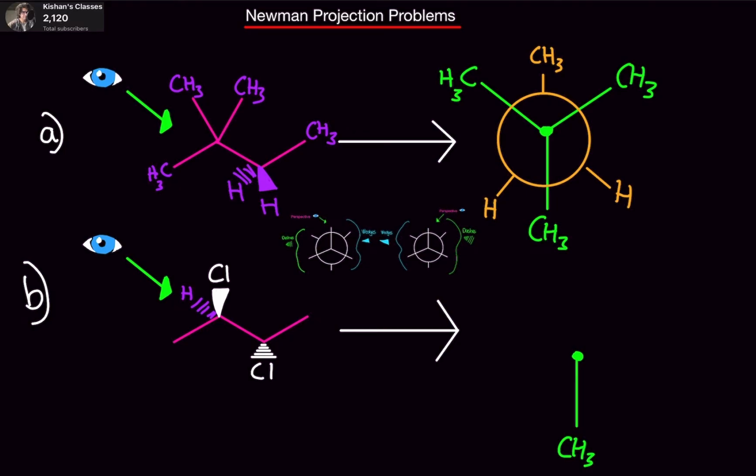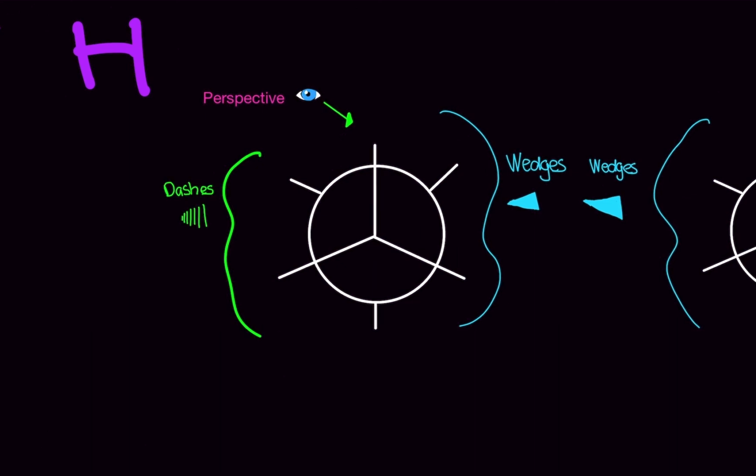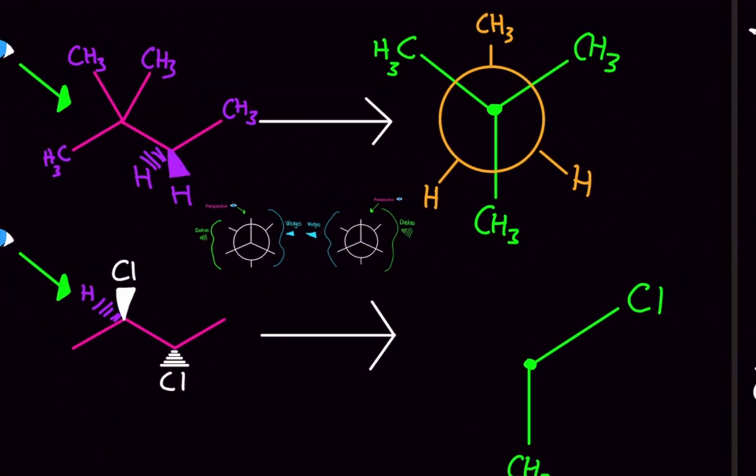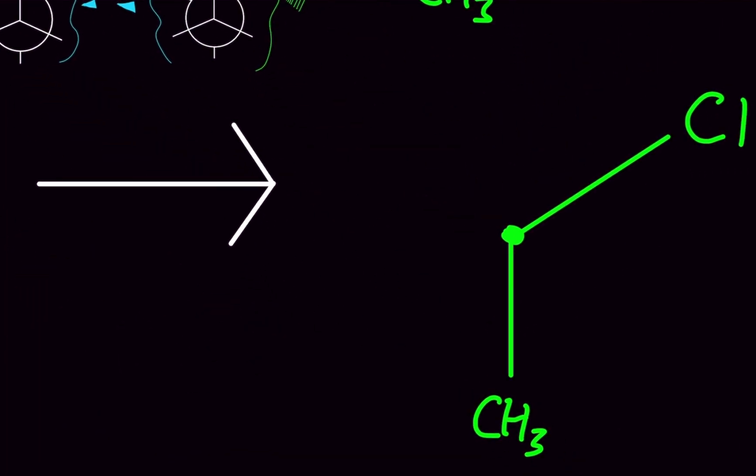So, let's draw. Wrong color. Going to the right-hand side here. There's the chlorine. Since the hydrogen is on a dash, and according to our little diagram here, dashes are on the left-hand side when this perspective is going from left to right. So this hydrogen is forced to go here.